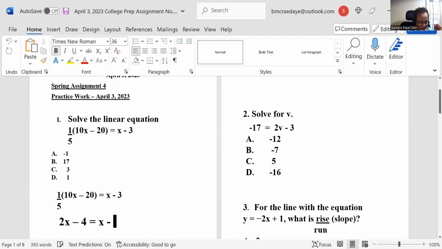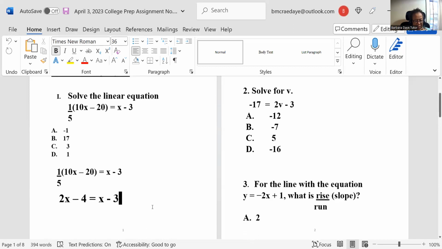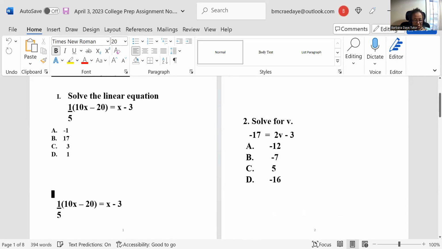That's okay. So now 1/5 times 10x minus 20, as we said, is 2x minus 4. Now you want to get your variables on the left and your constants on the right. So your variables are the ones with the x, right?